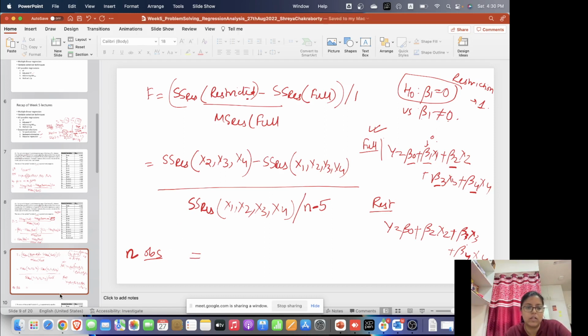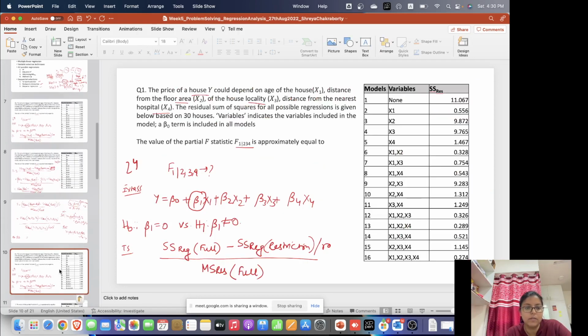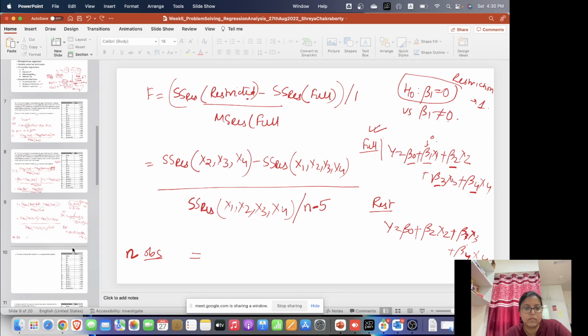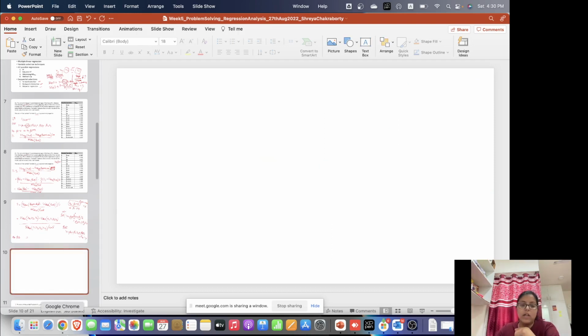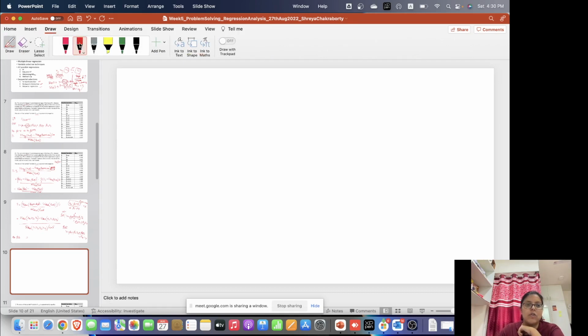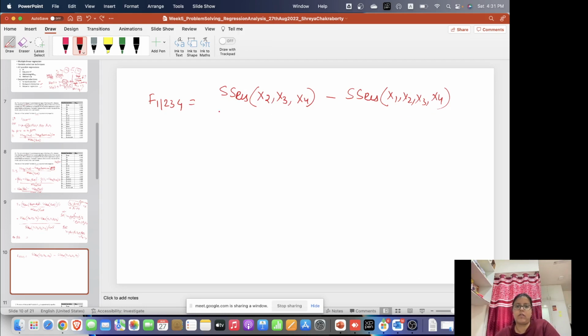So I'll just do it freshly again. Here we have been asked to find F1 given 2, 3, 4. So this will be SS residuals when the model has x2, x3, x4 minus SS residual when all 4 are fit, divided by the mean square residual.